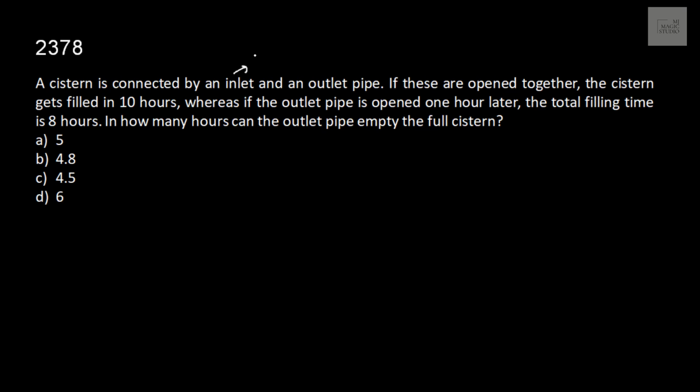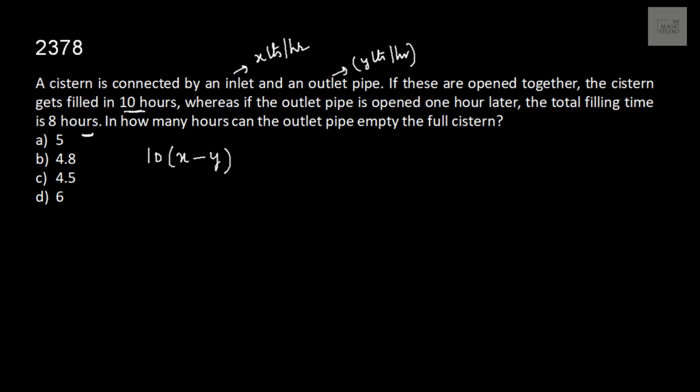Say the inlay pipe is injecting X liters per hour and the outlay pipe is taking out Y liters per hour. Then, since this is filled in 10 hours, the volume of the cistern should be 10 into (X minus Y). Now, if the outlay pipe is opened 1 hour later, the total filling time is 8 hours.